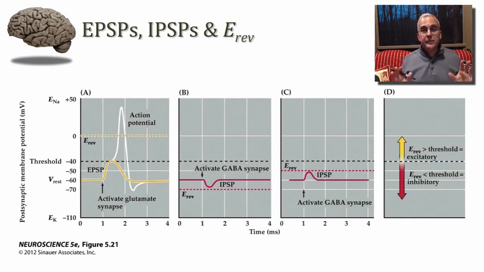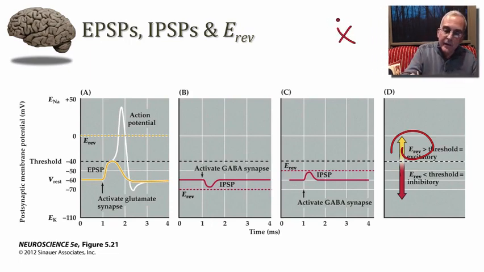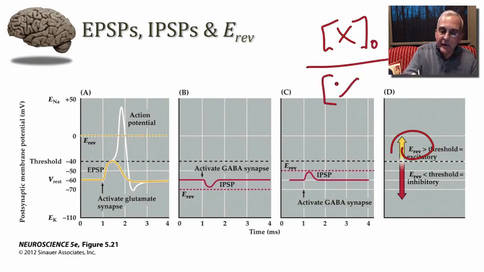Well, the answer is yes, and the reason has to do with the definitions that I've just given you, which are illustrated over here in panel D. So if the difference between an EPSP and an IPSP is the reversal potential, then you should now have some intuition that tells you that the reversal potential is really a function of the concentration gradient of the permeant ion.